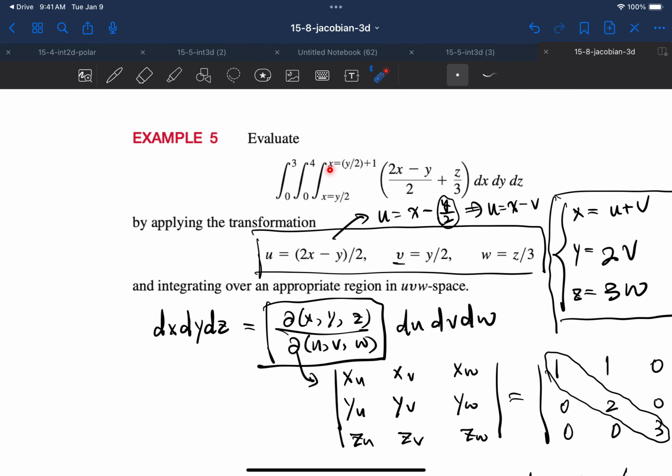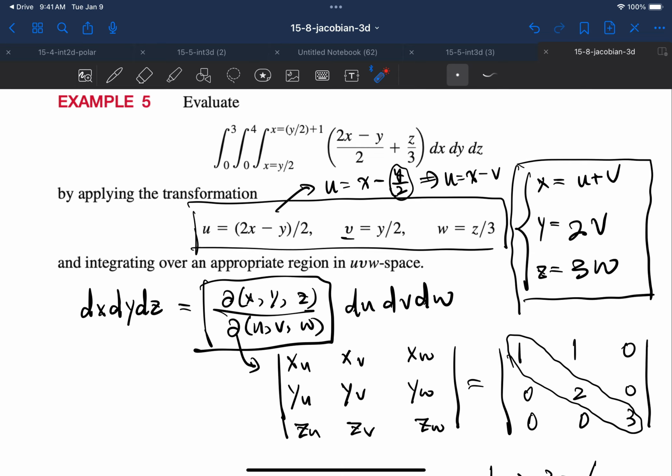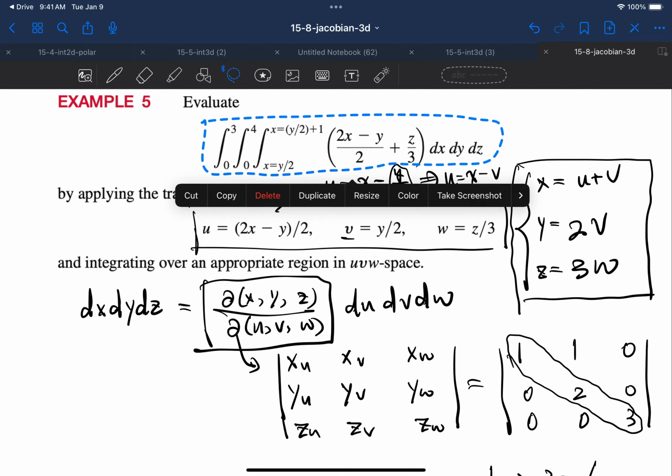So those are 1, 2, 3, 4, 5, 6. If we look at this, we can do one by one and see what kind of 3D object we have in UVW space.